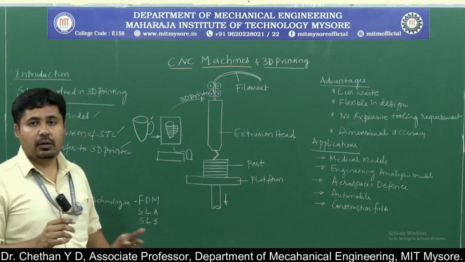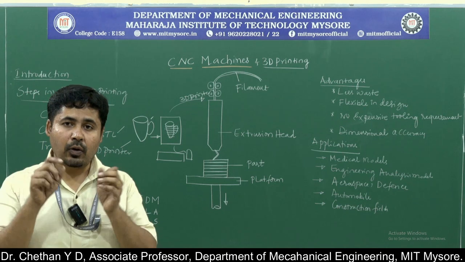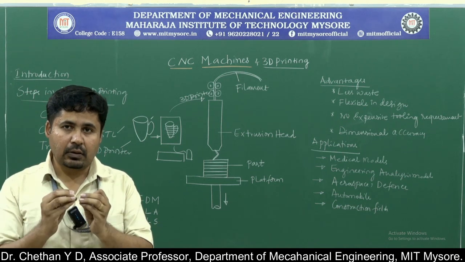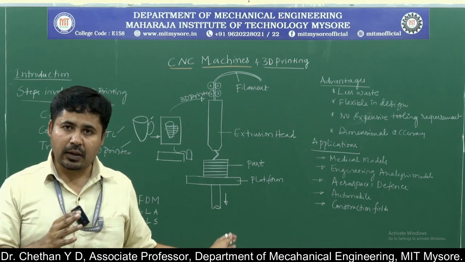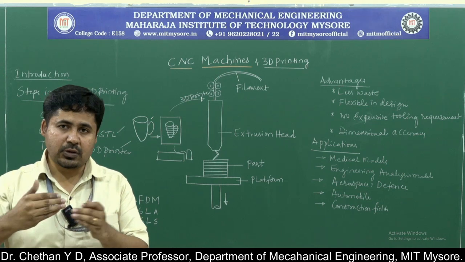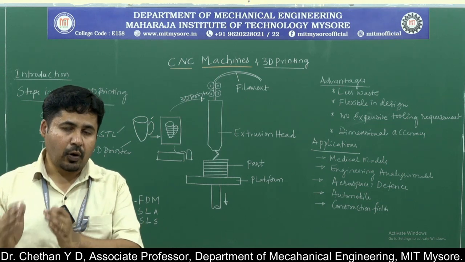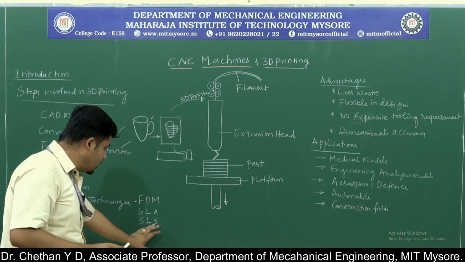In this technology, we use powder as a raw material. The powders are sintered and bound properly with the help of binders and a laser. The process of converting the powder into solid is the technology associated with the SLS process.